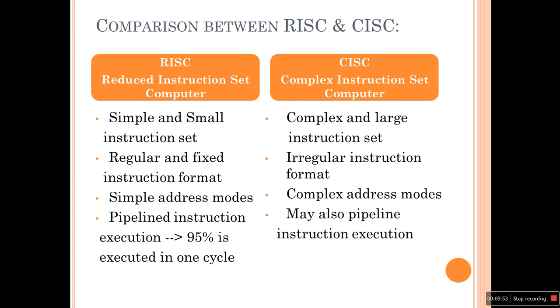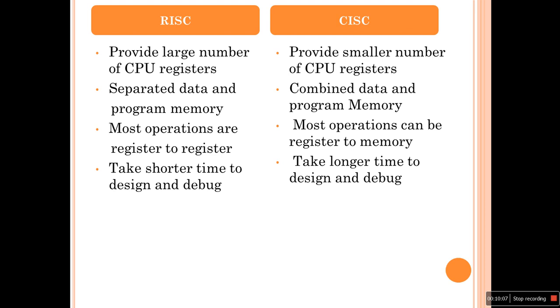Whereas CISC has a complex large instruction set, irregular instruction format, complex address modes, and we could have pipelining of instruction execution. It provides a small number of CPU registers.